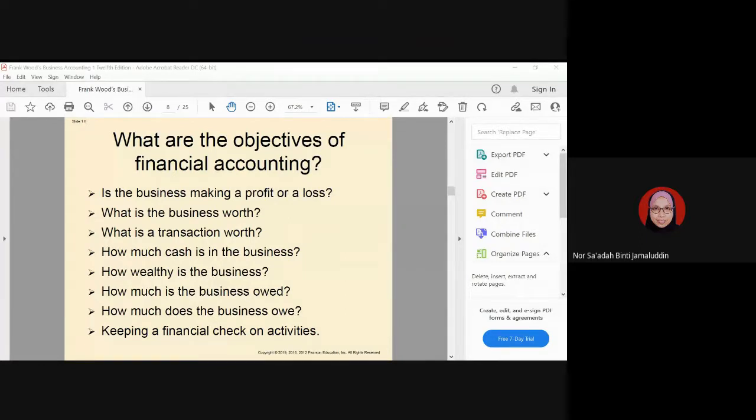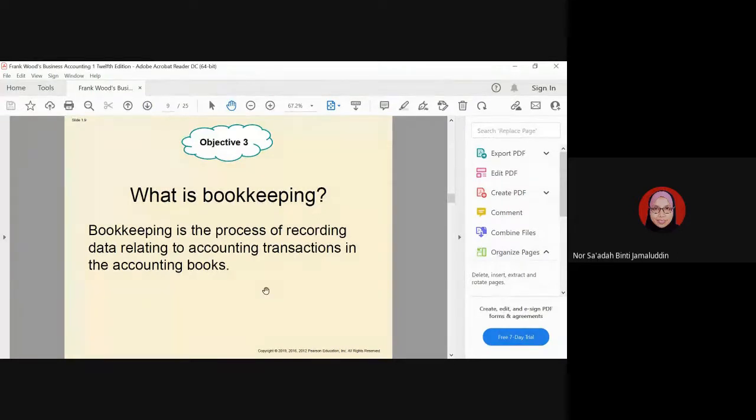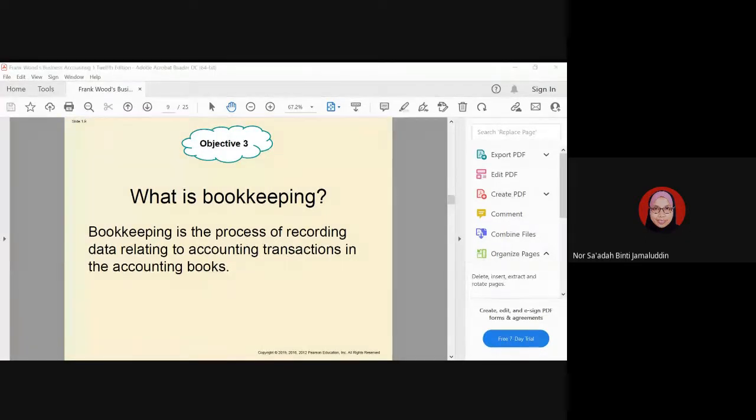Okay, all these questions. So what does bookkeeping mean? Okay, bookkeeping adalah berkaitan dengan objektif yang ketiga. What is bookkeeping? Bookkeeping is the process of recording data relating to accounting transactions in the accounting books. Alright, dalam bahasa yang lebih simple, bookkeeping adalah satu proses untuk record.